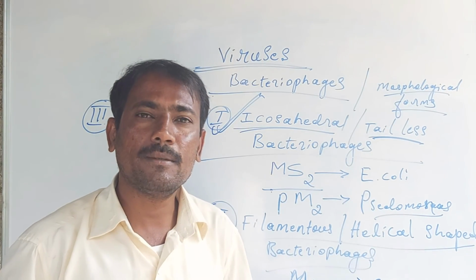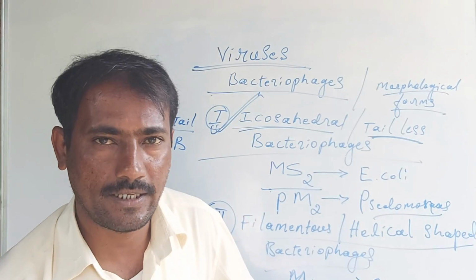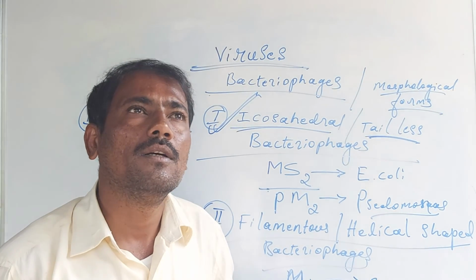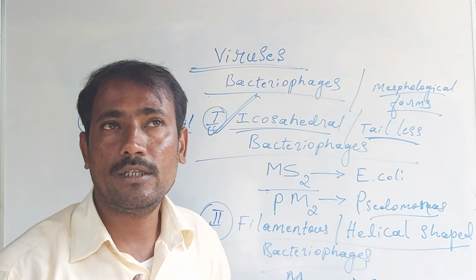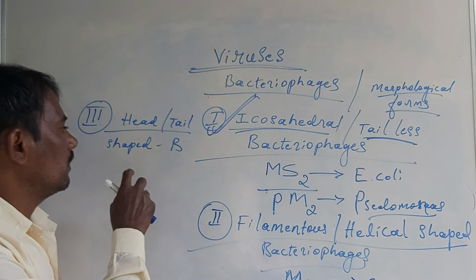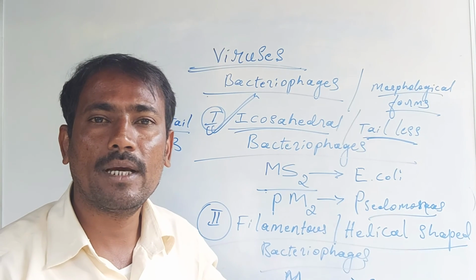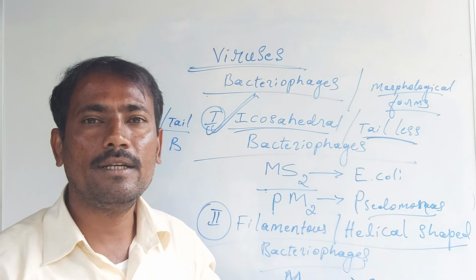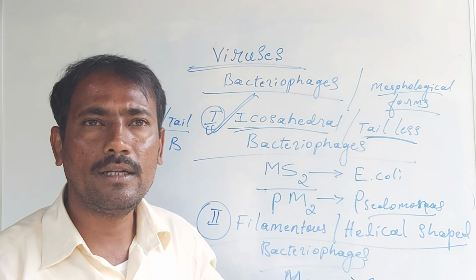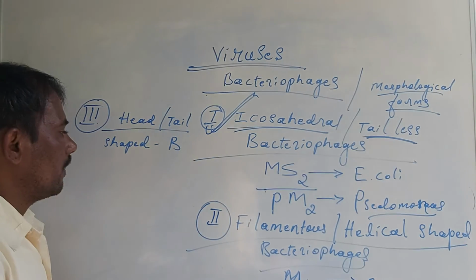Head and tail shaped bacteriophages are the most extensively studied. After the detailed study of TMV, the head and tail shaped T4 bacteriophage was studied in a detailed way.